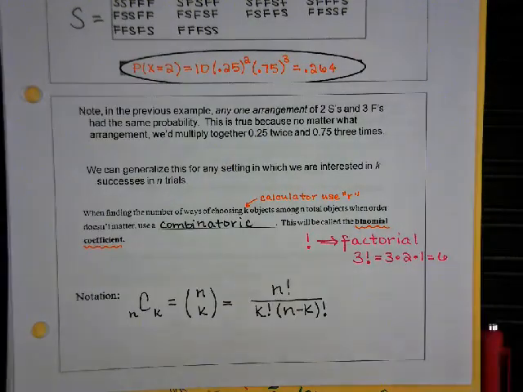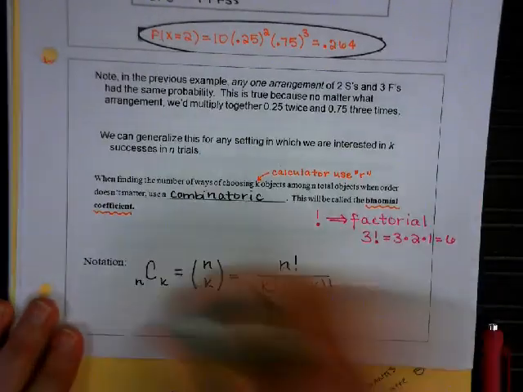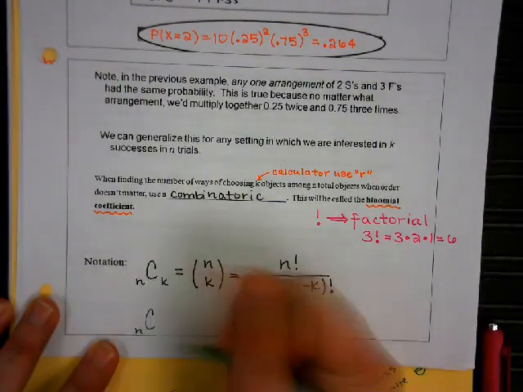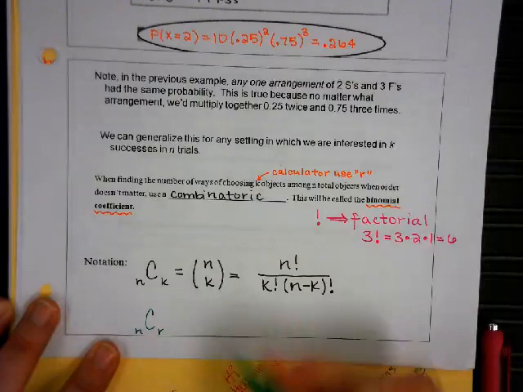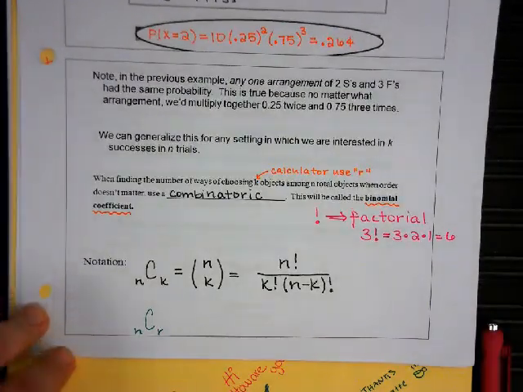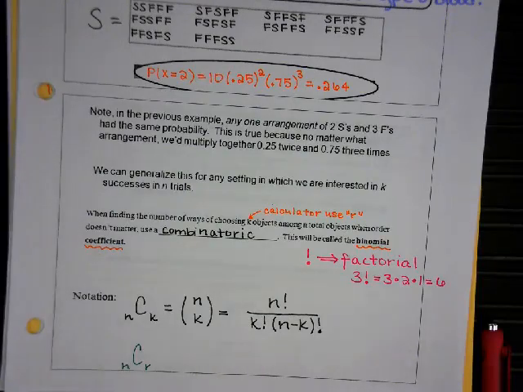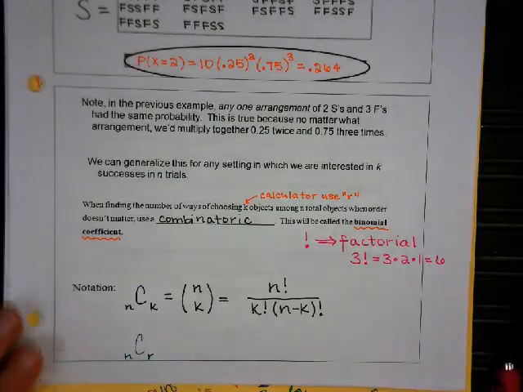But in the calculator, it'll have the capital C, the lowercase n, and then instead of K, they use R. I personally like this notation, so that's how you'll see me write it. But I'm pretty sure the book writes it that way. Both of them are fine.